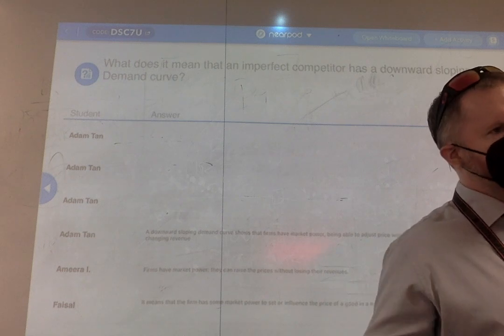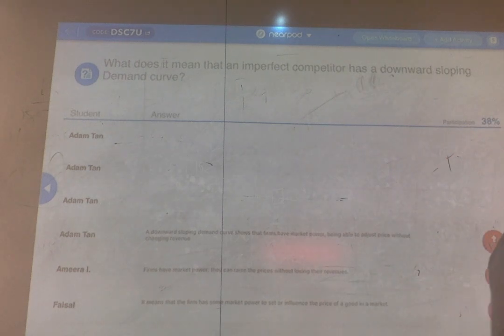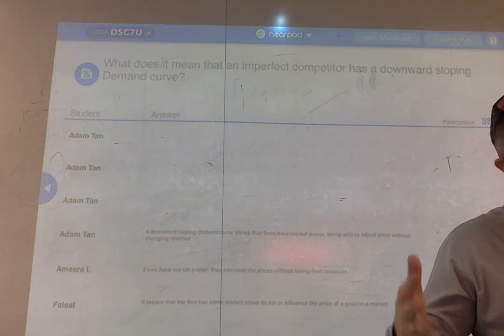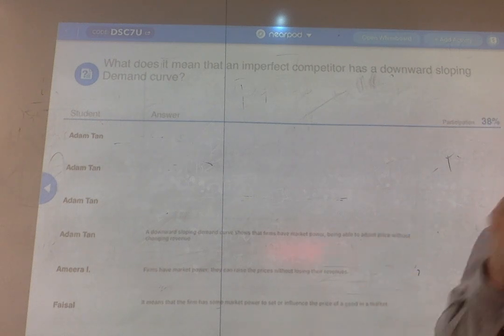So an increase in quantity would be possible if the price was falling. So for those imperfect competitors, yes, that includes the monopolist as well, if they are wanting to increase quantities, they might actually need to decrease their prices.